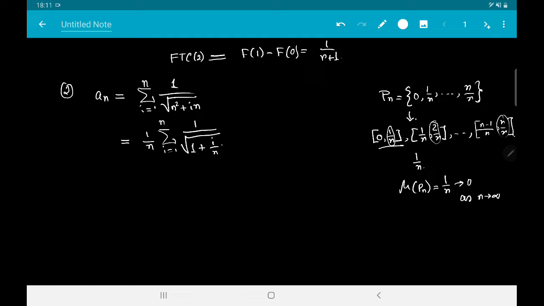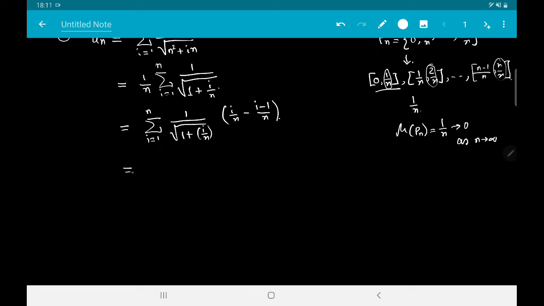In a similar way, we could write it as summation i equal to 1 to n of 1 by square root of 1 plus i by n, times i by n minus i minus 1 by n. Alright, so here this element corresponds to the value of f(x) at the endpoints. What is f(x)? f(x) is 1 divided by under root 1 plus x.